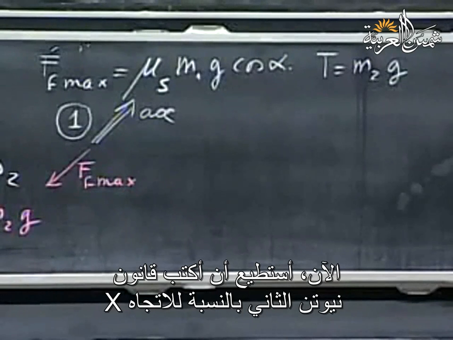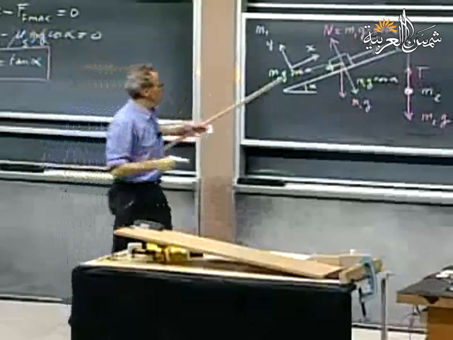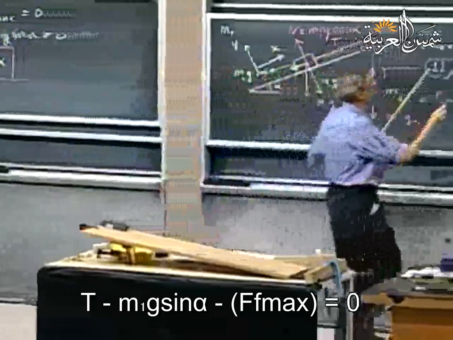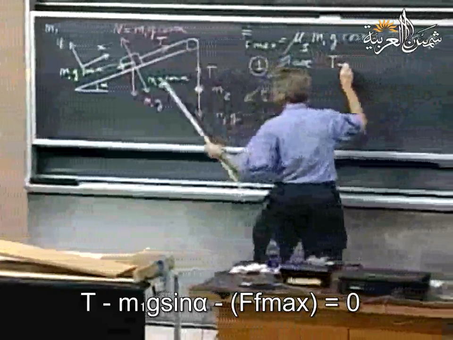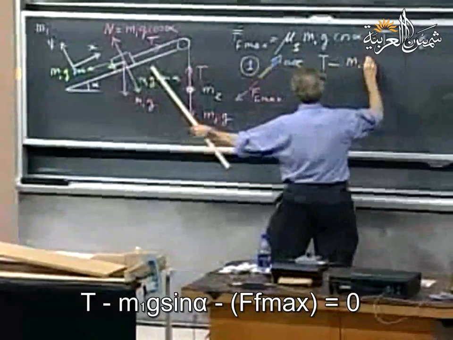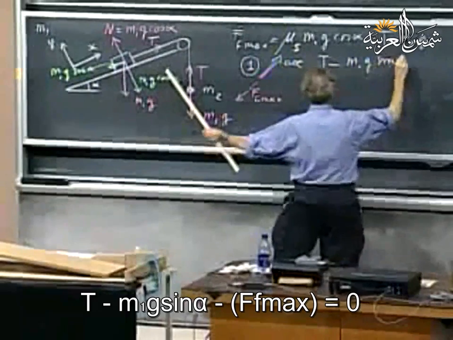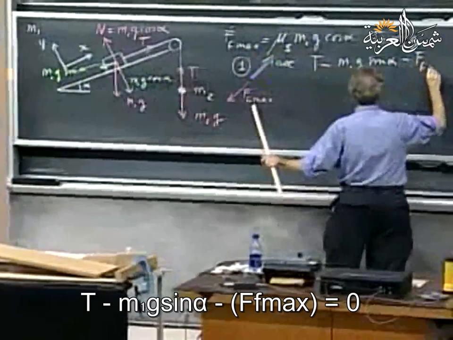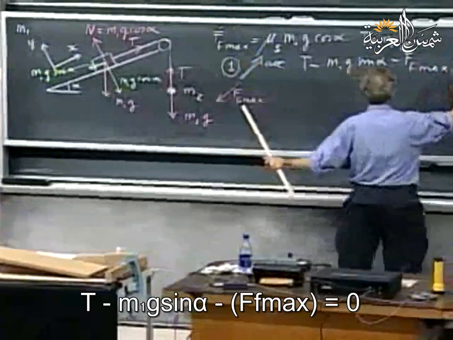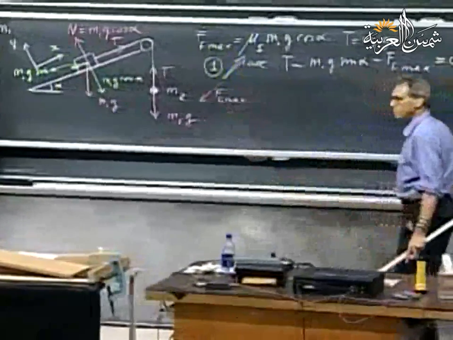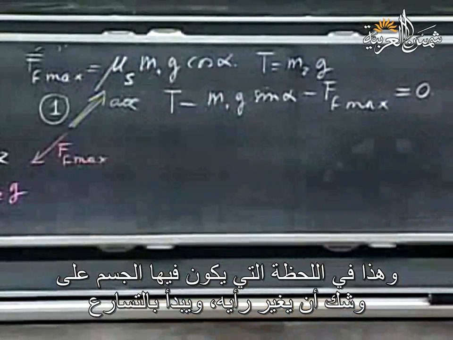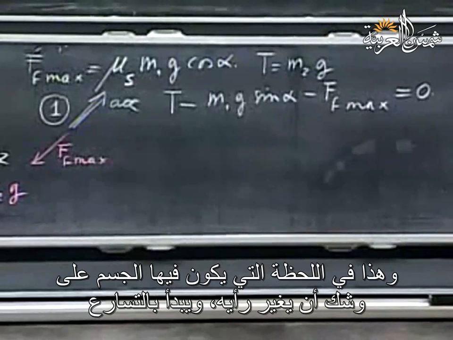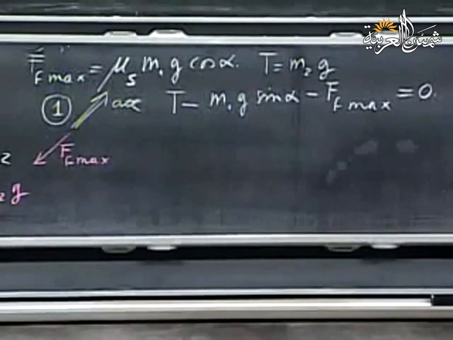Now I can write down in the x direction Newton's second law. Now I have T, which is in the positive direction, minus m1g sine alpha minus f max. That now has to be 0, just at the moment that it is just about to change its mind and start accelerating.